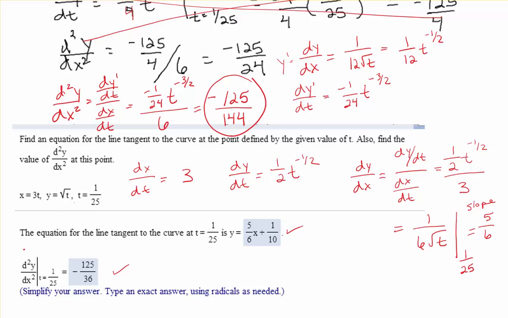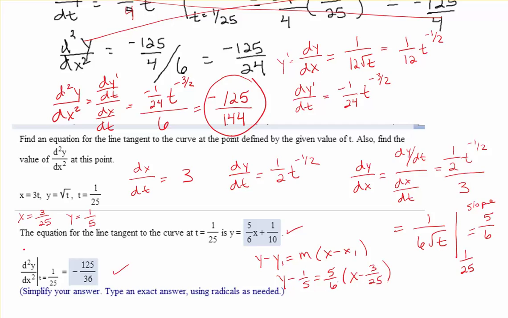Your point, when you plug 1/25 in for t, your x-coordinate is going to be 3/25, and your y-coordinate is going to be the square root of 1/25, which is 1/5. So remember your formula is y minus y1 equals m times x minus x1. So it's going to be y minus 1/5 equals 5/6 times x minus 3/25.